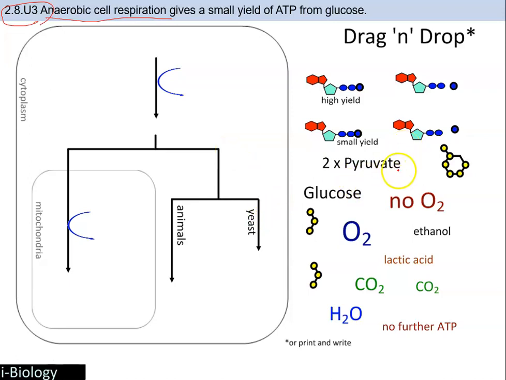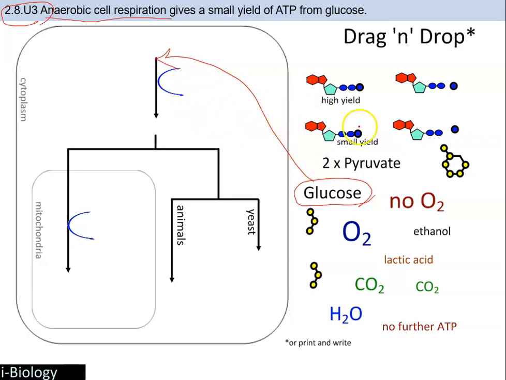Okay, I suppose that you have done the drag and drop. So you need to find step by step the molecule which is starting to get broken down, which will be glucose. So glucose should go over here, and then will be broken down. And what is going to break down the glucose?